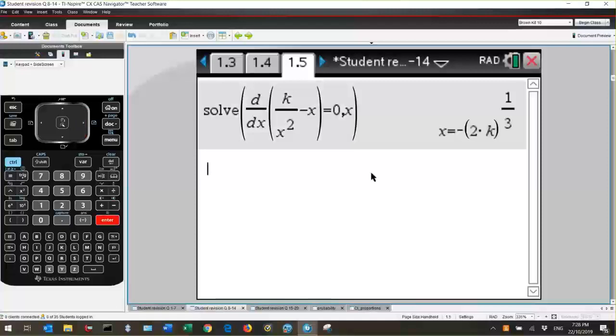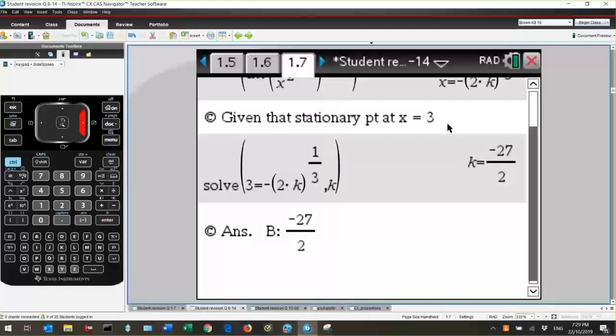Okay, so there it is in terms of k, and we were told in the question that the stationary point occurs at x equals 3, so we replace the x by 3, and we solve, which of course you could do in your head, but while you've got the Nspire, you might as well do it there just to make sure that you haven't made a mistake, and your answer is B.